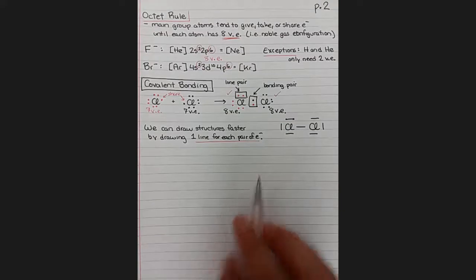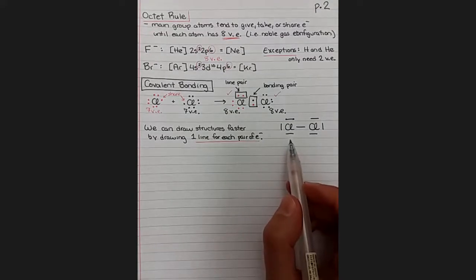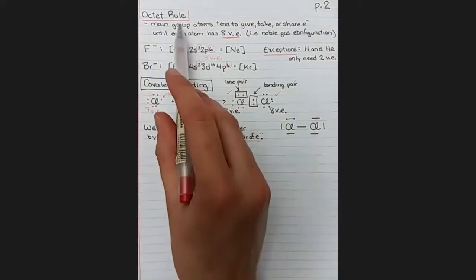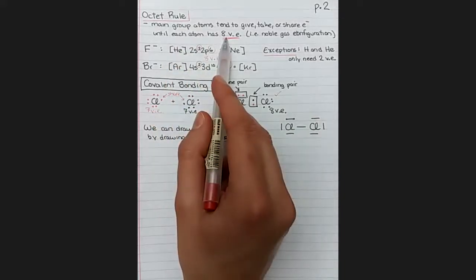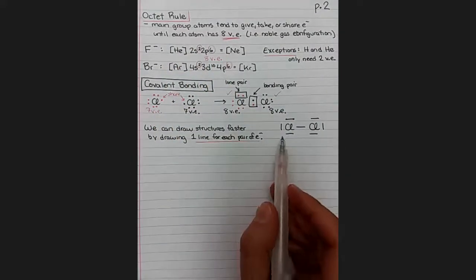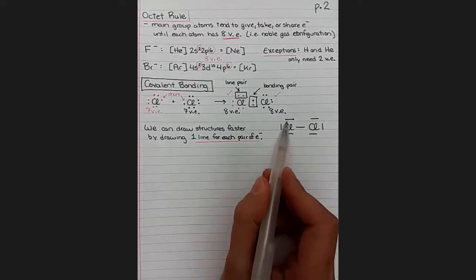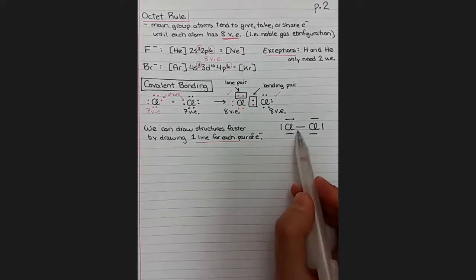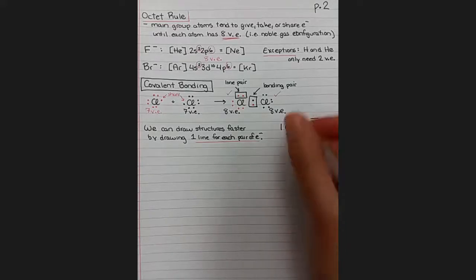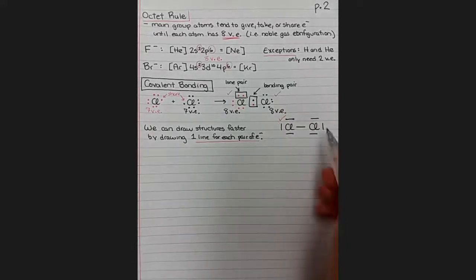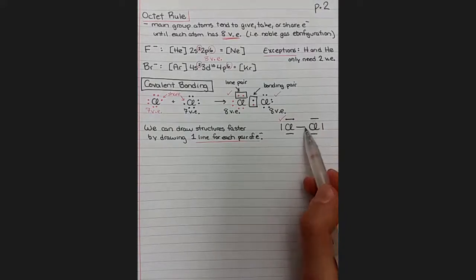And so every time we draw a molecule, we want to make sure that each atom has a complete octet, that it has 8 valence electrons associated. So with the lines, we can count 1, 2, 3, 4, 5, 6, and 2 shared, 7, 8. Check. And the same over here. 1, 2, 3, 4, 5, 6, and 2 shared, 7, 8.